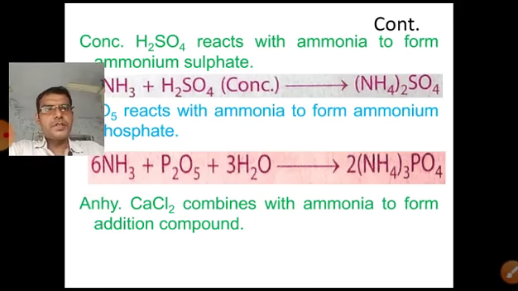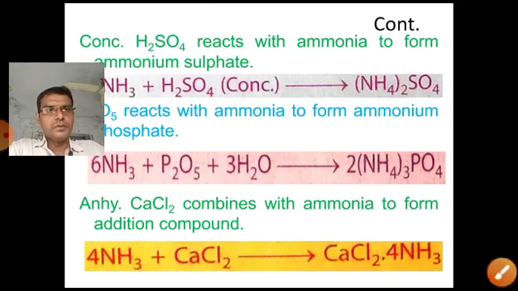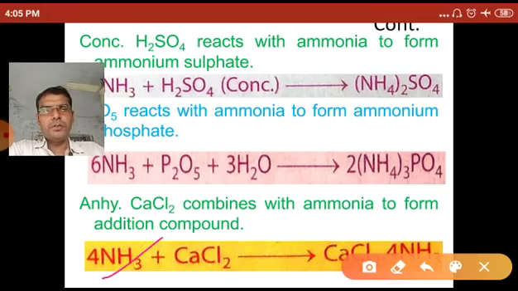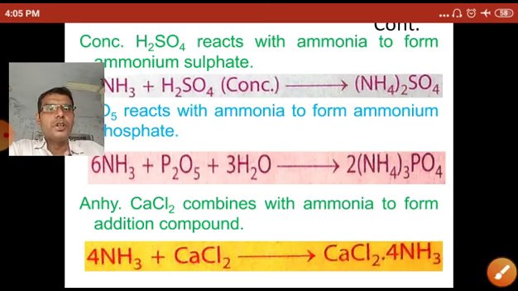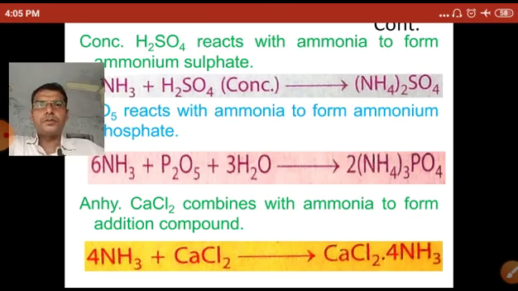Now the anhydrous calcium chloride combines with ammonia to form an addition compound, calcium chloride dot 4NH3. So due to that reason, concentrated H2SO4, phosphorus pentoxide and calcium chloride are never used as drying agents for the drying of ammonia.